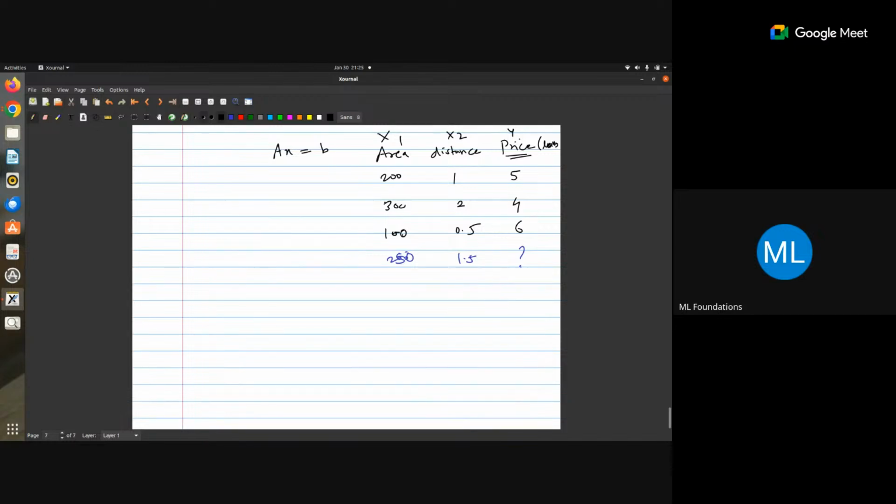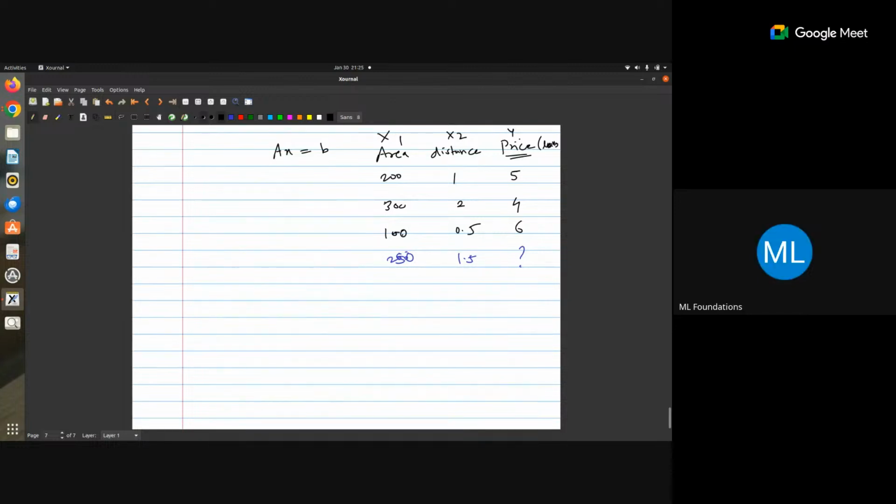How should I represent this so that I can find out the y? Can this be seen from a linear algebra perspective? Can I create a matrix and try to solve it?